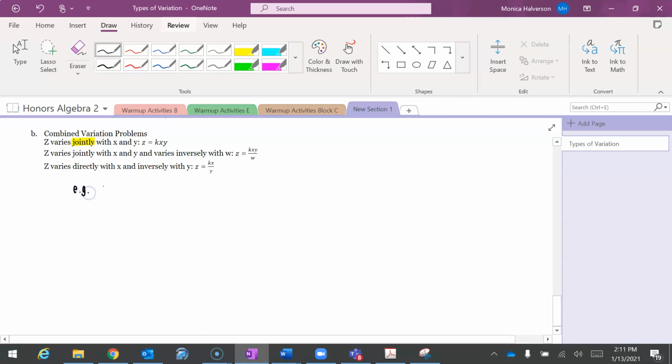Let's say I told you z varies directly with x and inversely with y. z equals 4 when x equals negative 1 and y equals 2.